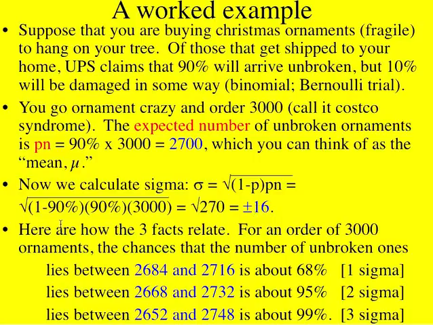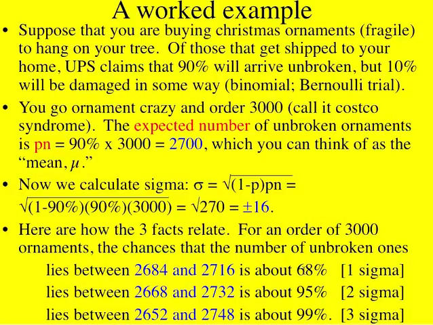Here is how the three facts relate. So you take your 2,700 mu and you add 16. That's 1 sigma, and you subtract 16. So 2,700 plus 16 is 2,716. Minus 16 is 2,684. And you're saying for an order of 3,000, the chance that the number of unbroken ones lies between these is 68%.